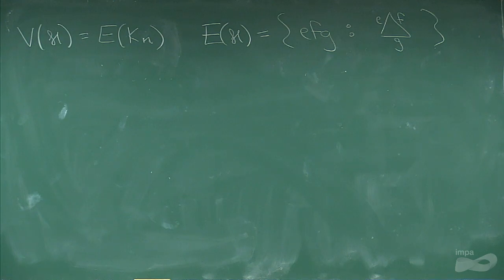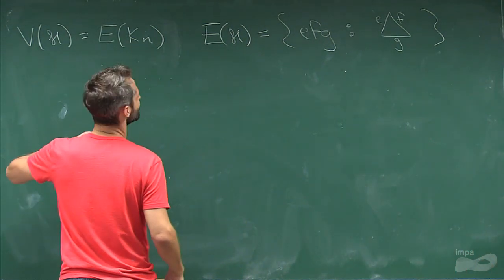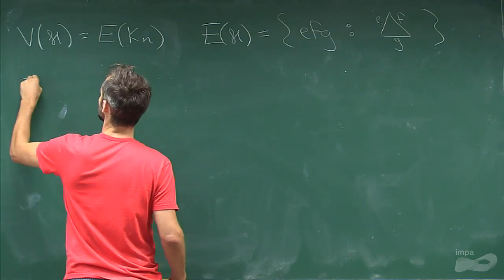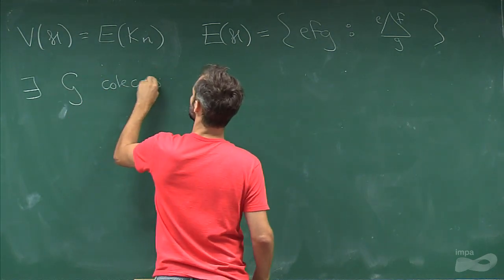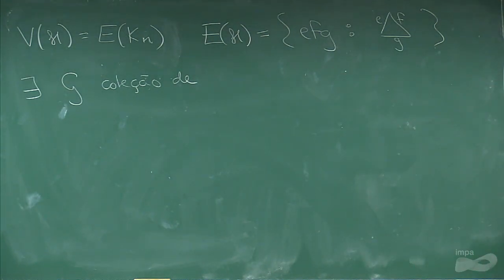Does that make sense? So it's a slightly weird object. And now, what do we want? What's a graph in this world? What's a graph with n vertices in this hypergraph?